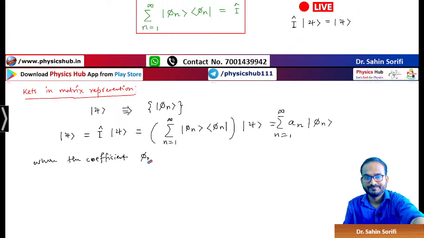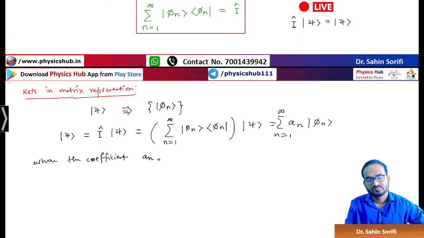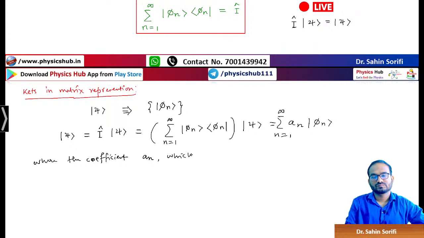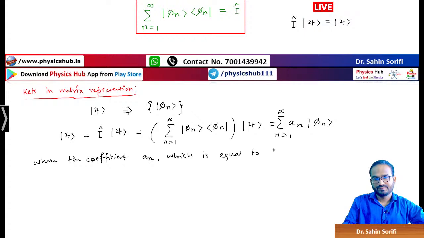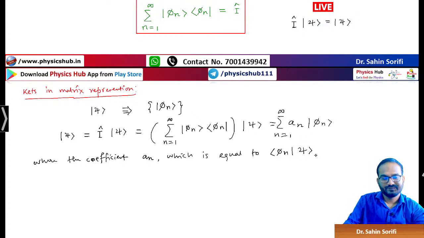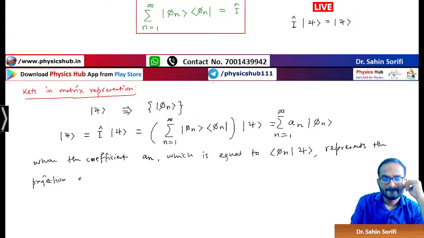a n, which is equal to bra phi n psi. What does it represent? It represents the projection of psi onto phi n.